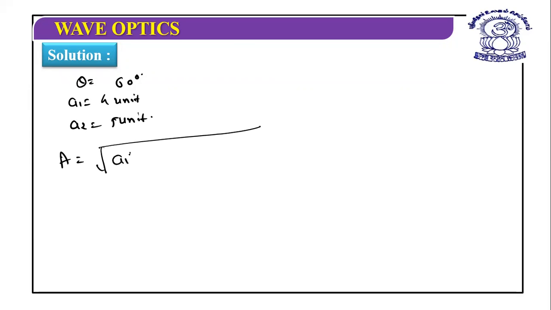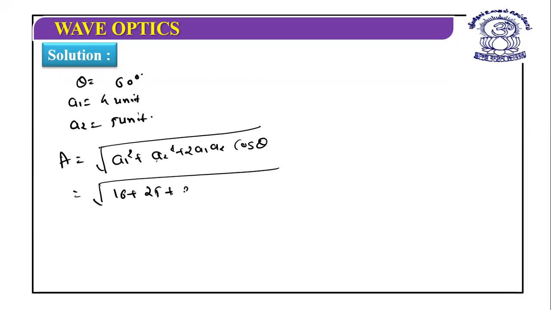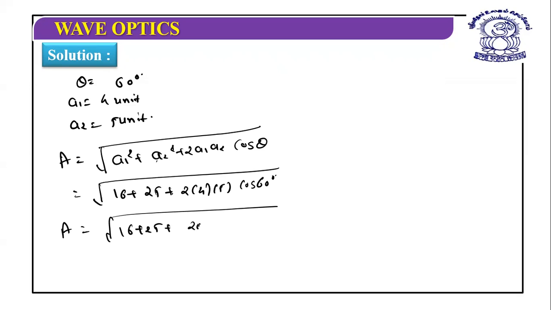A is equal to under root A1 square plus A2 square plus 2 A1 A2 cos theta. Put all the values: 4 square 16 plus 5 square 25 plus 2 into 4 into 5 into cos 60 degree. Cos 60 is 1 by 2. So we will get the answer root 61 units.